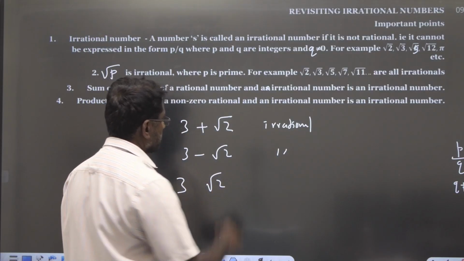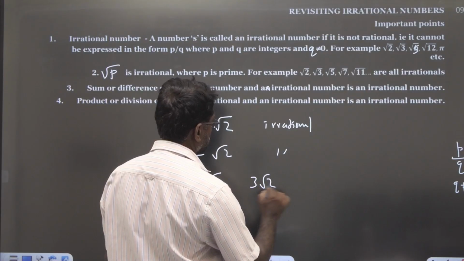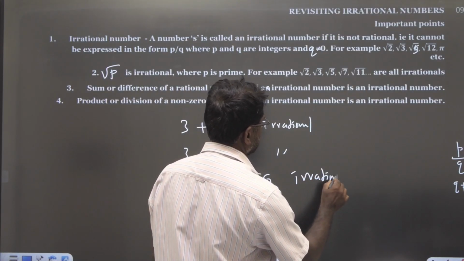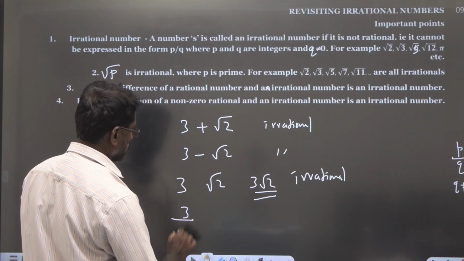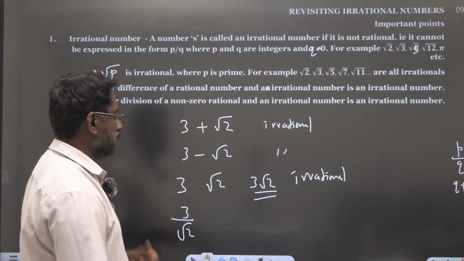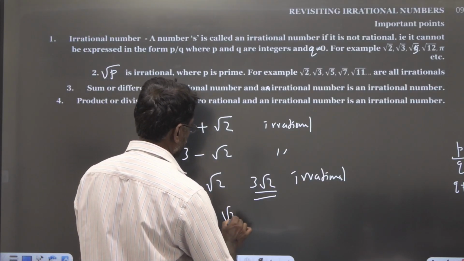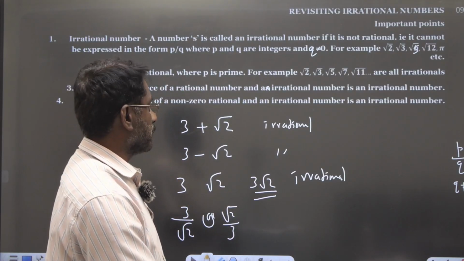Root 2 is an irrational number. Its product 3 root 2 is irrational. And 3 by root 2, it's a division, is also irrational. Or root 2 by 3 is also an irrational number.